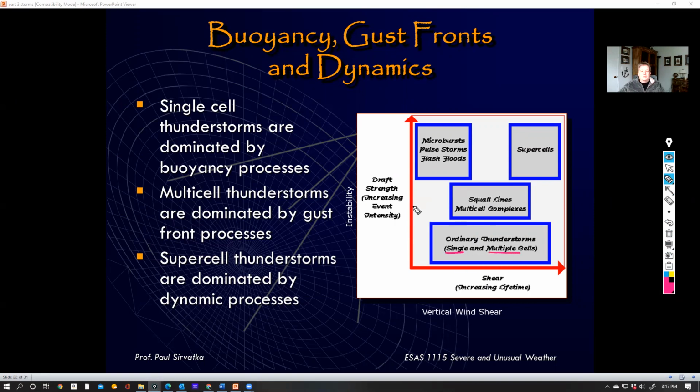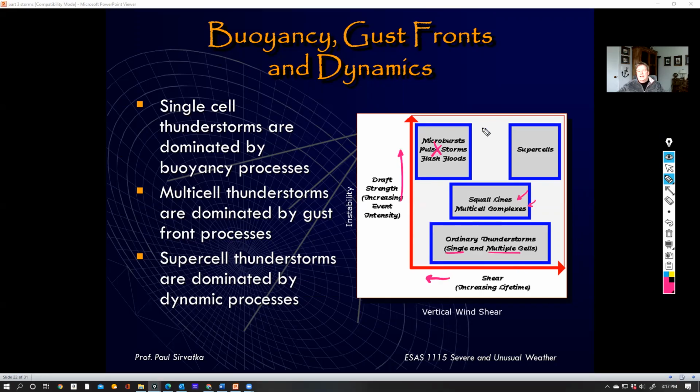When I get toward the middle with more significant up and down drafts, I might get squall lines, multi-cell storms, complexes. They're getting a little bit more nasty at this point. If I have this box over here, it's a lot of instability, right? Up the axis on instability, the draft strength, but way to the left on shear.